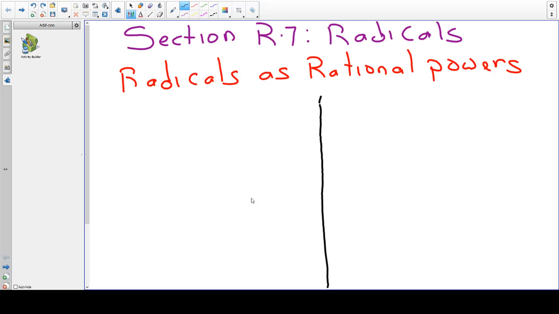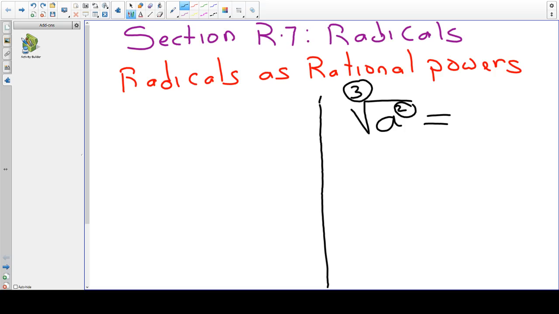So I'm going to give you a little bit of a feel for what this is going to look like. If I say, and you probably recall, the cube root of a squared, you recall that when we were trying to simplify this, essentially we did power divided by index.